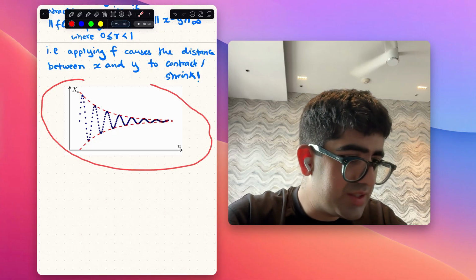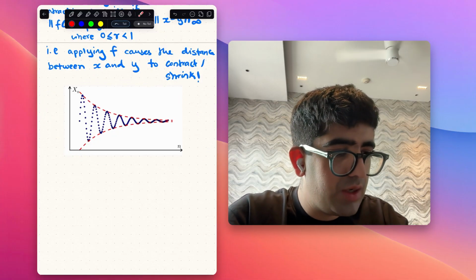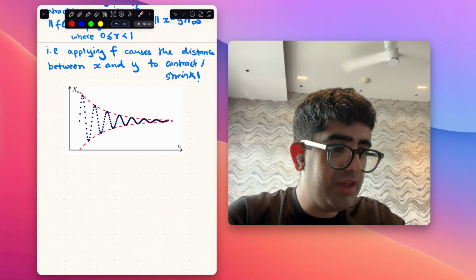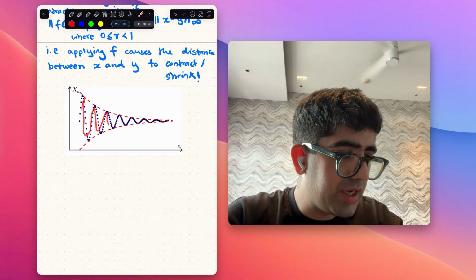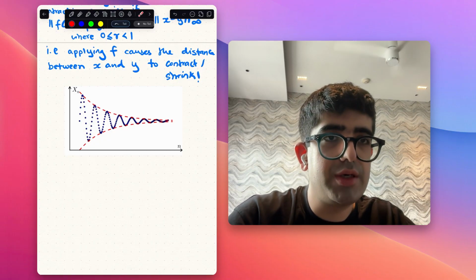Now, this diagram is a really nice illustration of this contraction property, where we see that the distance between the inputs keeps on shrinking, and it finally converges to a fixed point.